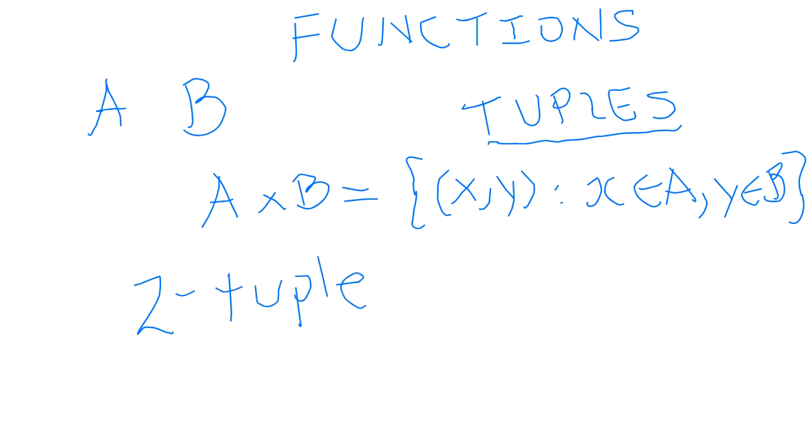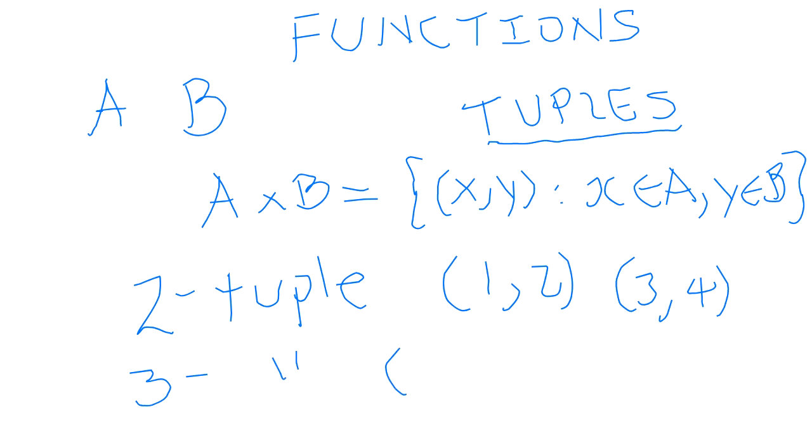It's something like (1, 2), or (3, 4), or (3, 3), whatever. That's a 2 tuple. You could have a 3 tuple, which would have 3 of them each, like (A, B, C).